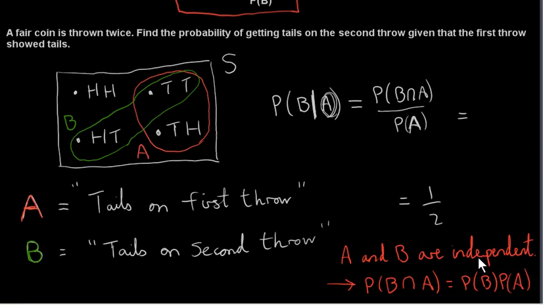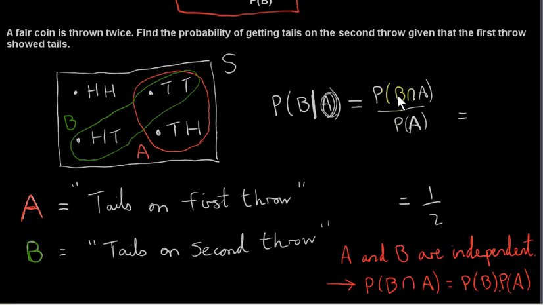Now, since A and B are independent events, we know from a previous video that the probability of the intersection of these 2 events is just got by multiplying the probabilities together. So let's look at our conditional probability formula.